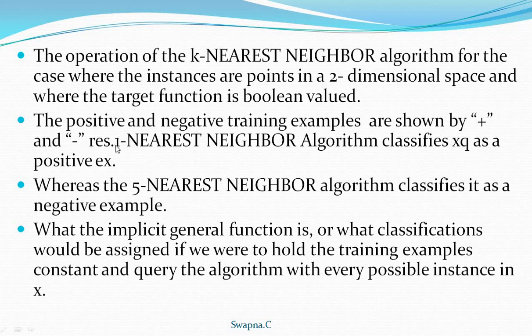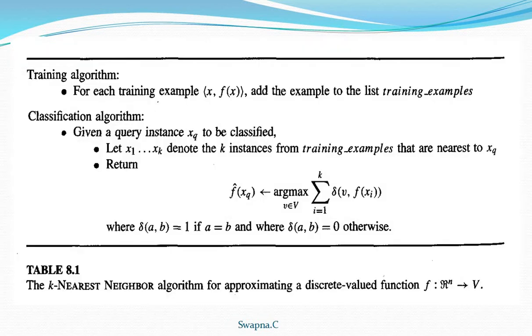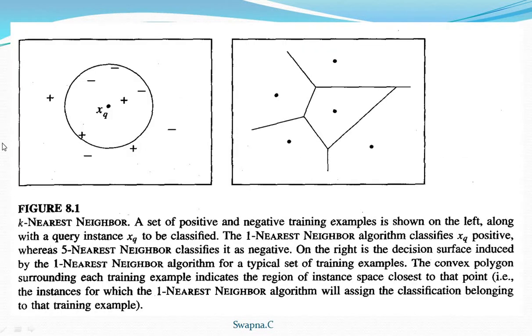If you consider the one nearest neighbor algorithm, it classifies the new instance as a positive example, and if you consider the 5 nearest neighbor algorithm, it classifies the new instance as a negative example. How it gives positive for 1 nearest and negative for 5 nearest, I am showing in the figure where the training example points are seen.